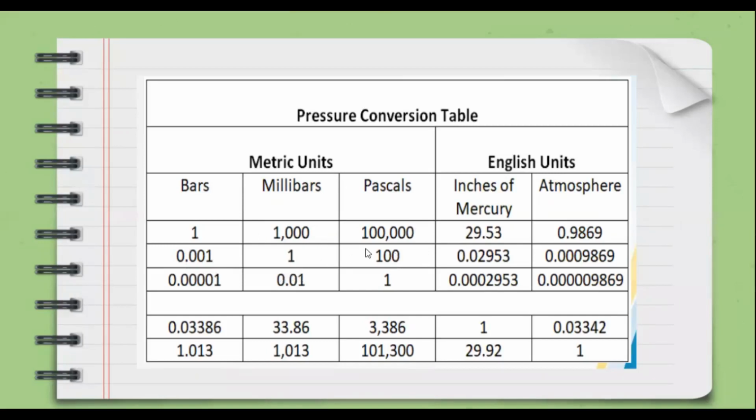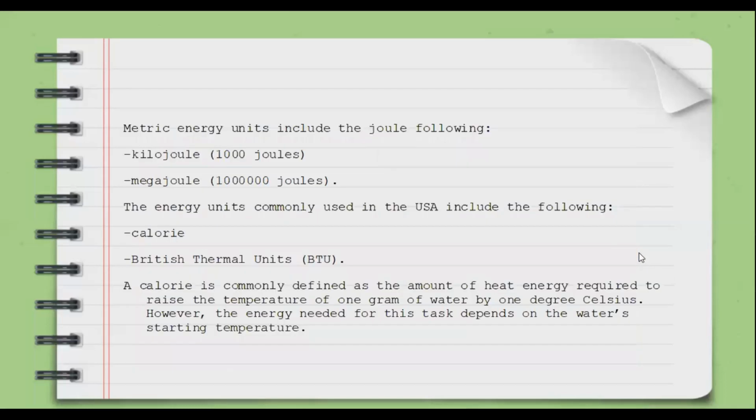And 29.53 inches of mercury is equivalent to 0.9869 atmosphere, and so on. Use this pressure conversion table as your reference in converting metric units from bars to millibars to pascals, and English units from inches of mercury to atmosphere.